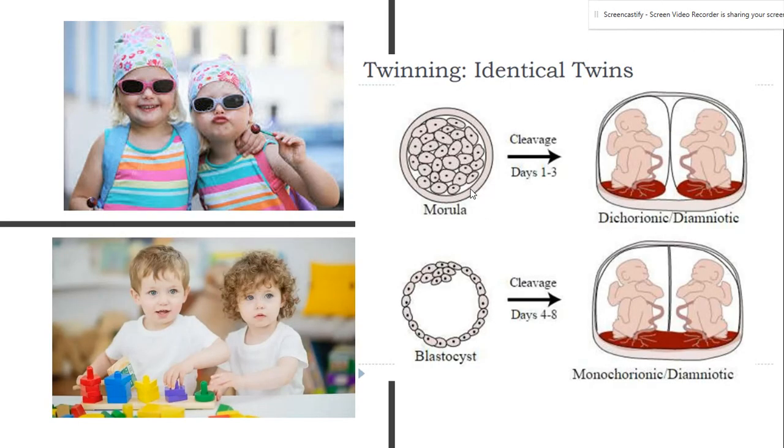Twinning. Morula, right? Cleavage days 1-3, dichorionic diamniotic. Okay. Cleavage days 4-8, monochorionic diamniotic. Okay. As you can see, these are different placentas. Here is the same placenta.